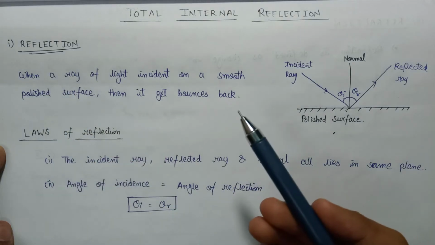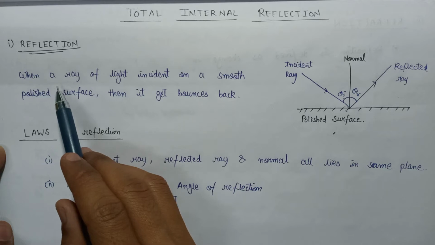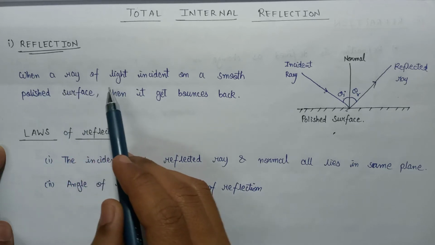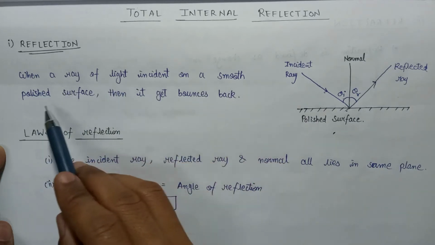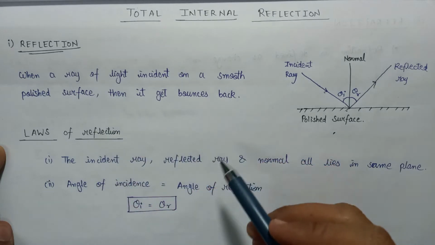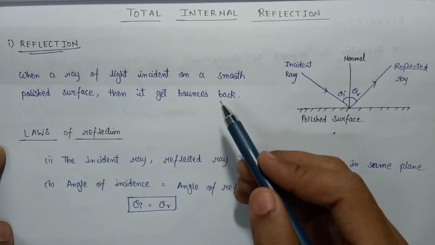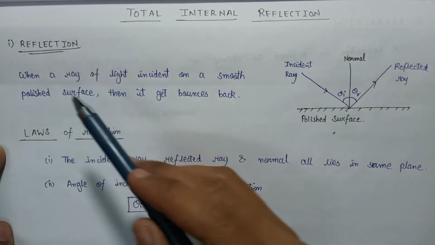So what do we mean by reflection? Reflection is defined as a phenomenon in which, when a ray of light is incident on a smooth polished surface, it bounces back into the same medium. This bouncing back phenomenon is defined as reflection.